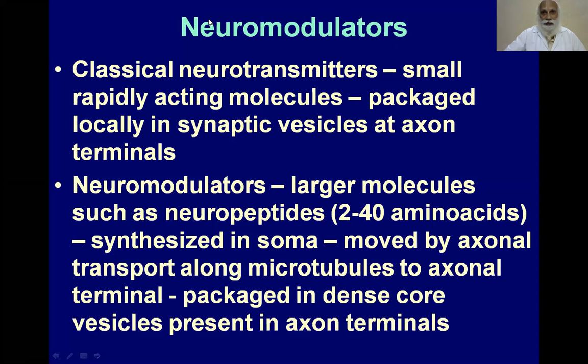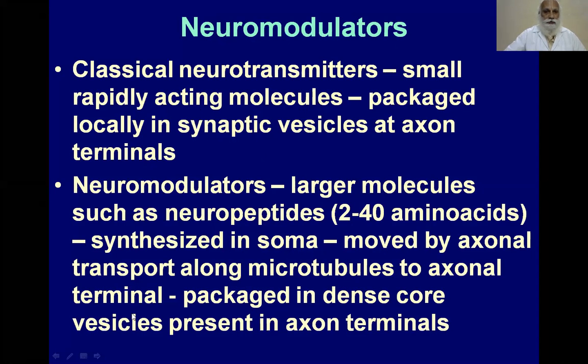Neuromodulators. Earlier we were talking about neurotransmitters, which are rapidly acting small molecules packaged in synaptic vesicles in the axon terminal. Neuromodulators are large molecules such as neuropeptides, synthesized in the soma, and they travel from the soma to the axonal terminal along the microtubules.